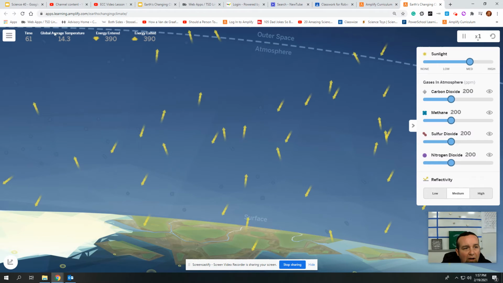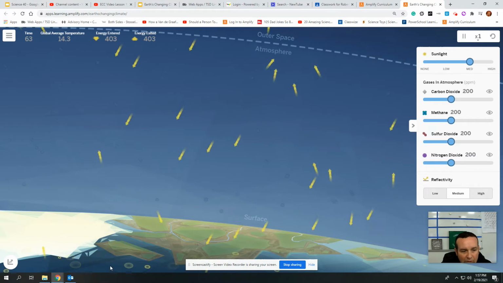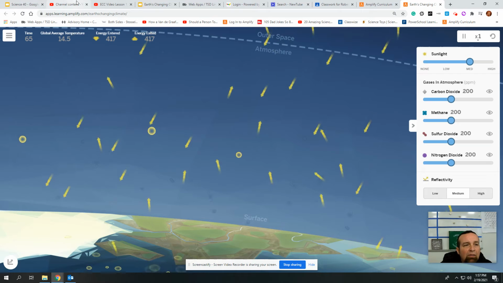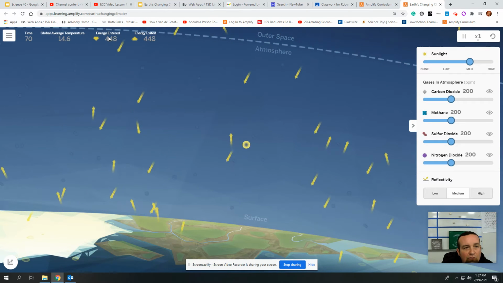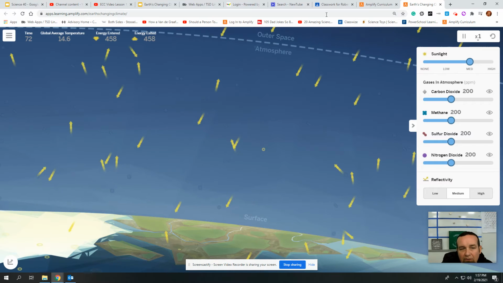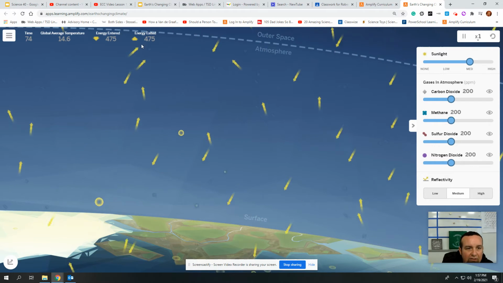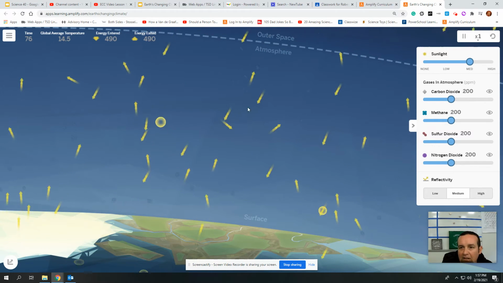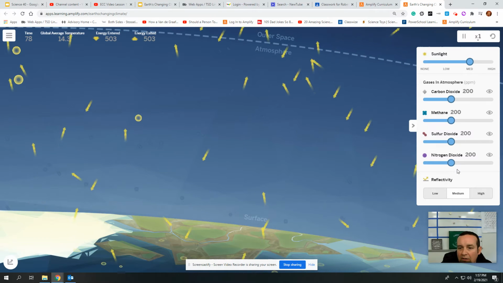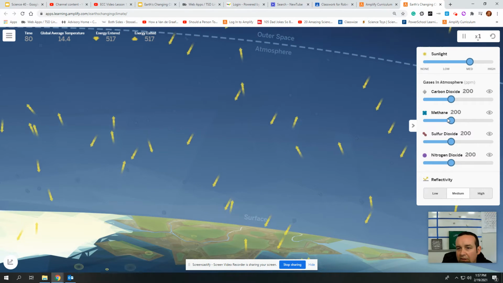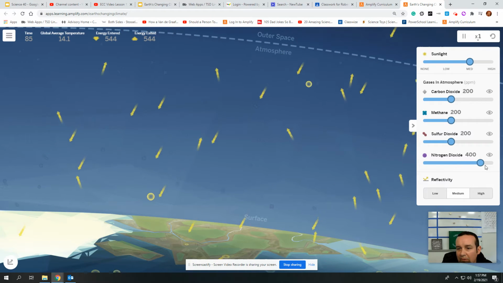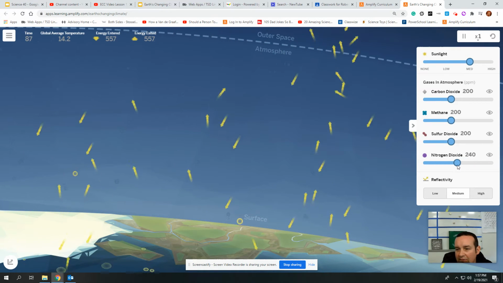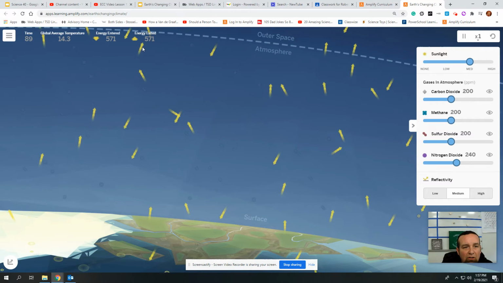We've got our average global temperature, and then we've also got our energy entering the system since we've started the sim, and the energy exiting the system. Over here on the right, you've got several different gases that are in our atmosphere, and you can dial those up or down, and you can see the effect, how it changes.